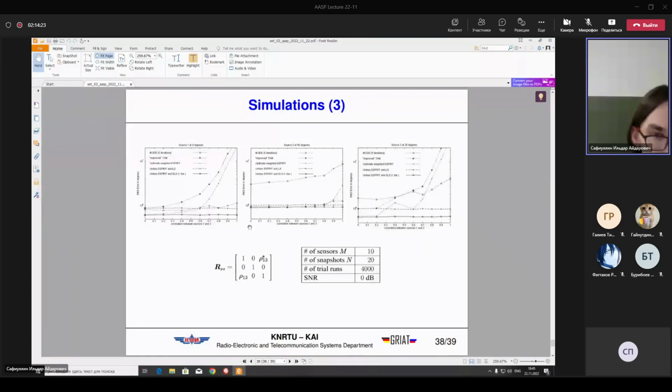From the left side we have uncorrelated sources, and from the right side we have fully correlated sources. If we put the correlation to 0, we will have just an identity matrix for the connection between them. And if we introduce the correlation, we will have these indices.